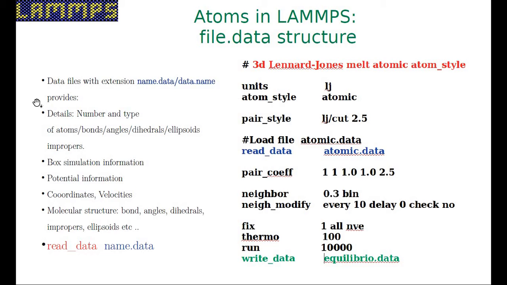These files provide details about the number and type of the atoms, bonds, angles, dihedrals, ellipsoids, and impropers. Information is also provided about the simulation box, the potential, the coordinates, velocities, and the molecular structure, where bond, angles, dihedrals, impropers, ellipsoids information is provided.